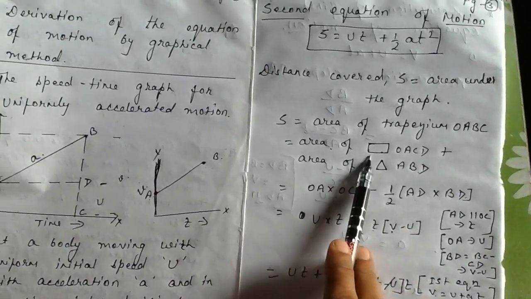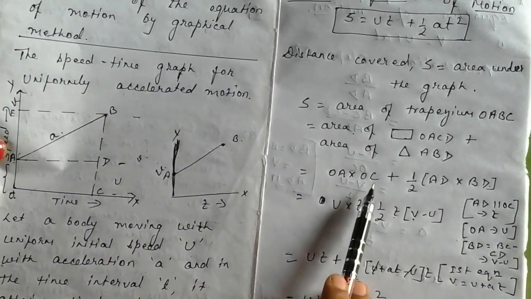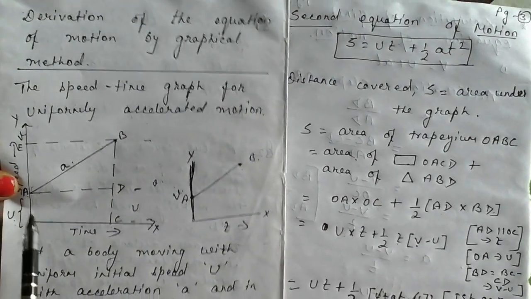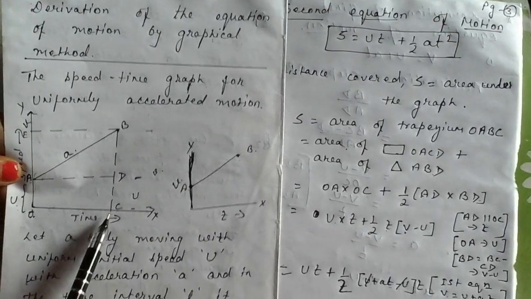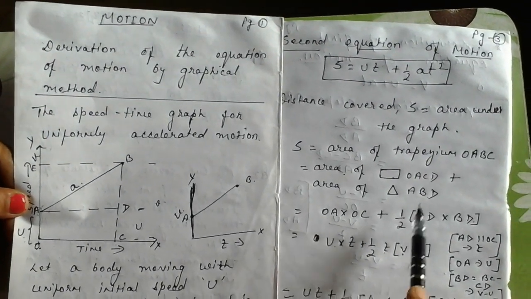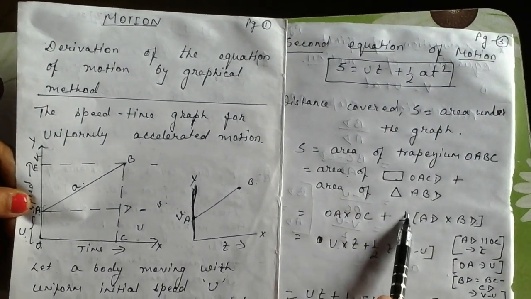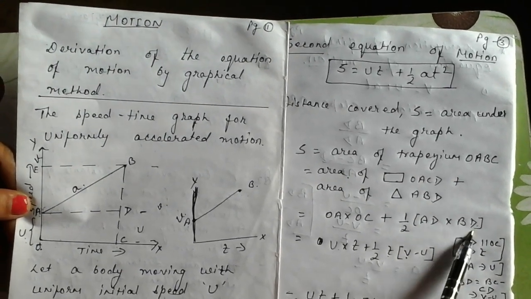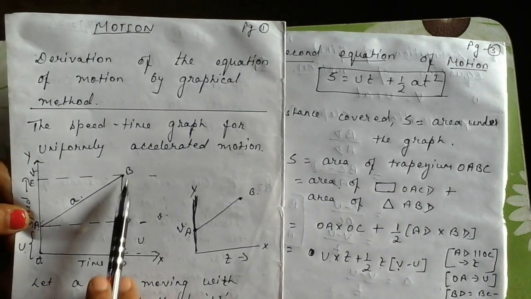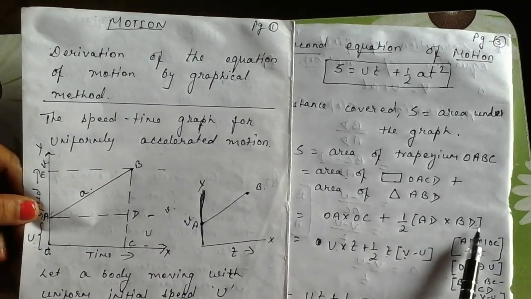The area of the rectangle is length into breadth, that is OC into OA. The area of the triangle is half base into altitude, where the base is AD and the altitude is BD, so ½ AD into BD.